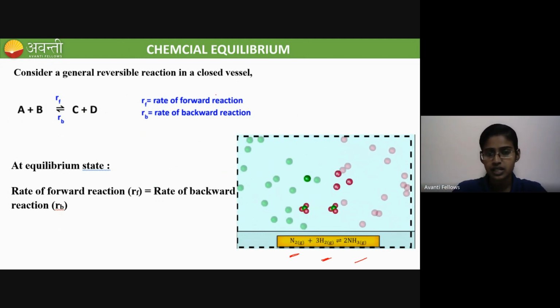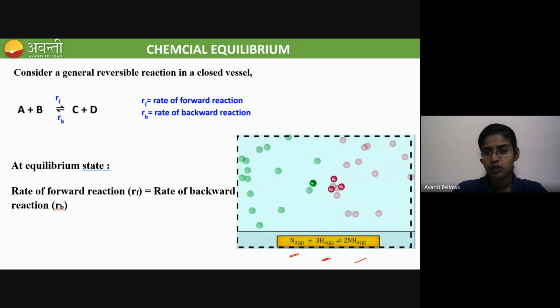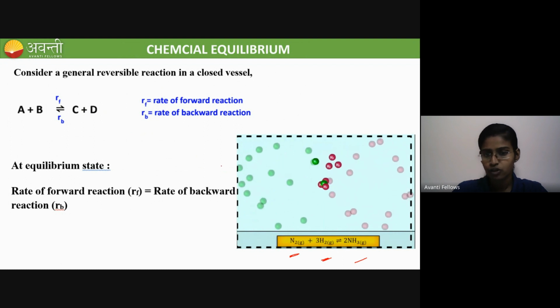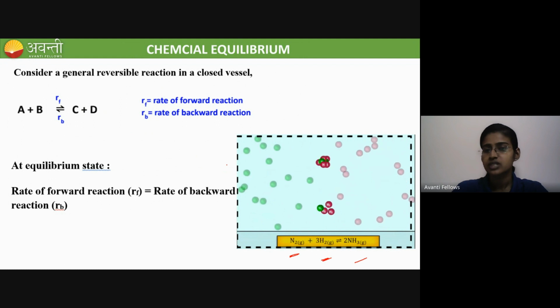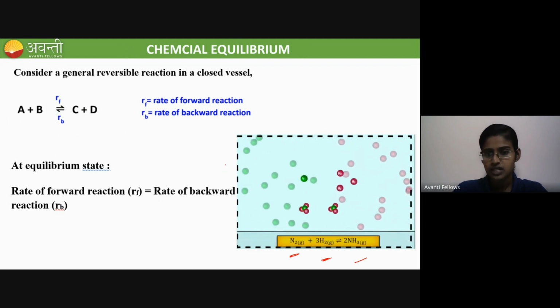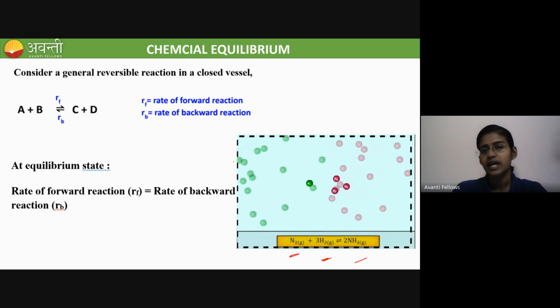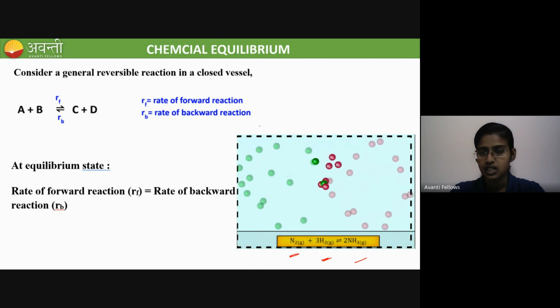The green balls are nitrogen and the pink ones are hydrogen. They come together and form ammonia molecules, and again ammonia breaks down to give nitrogen and hydrogen back. These two components, reactants and products, are in equilibrium with each other.